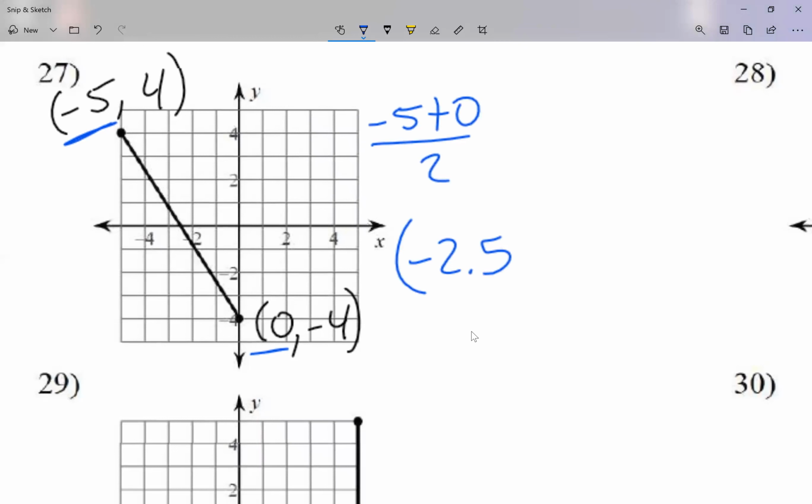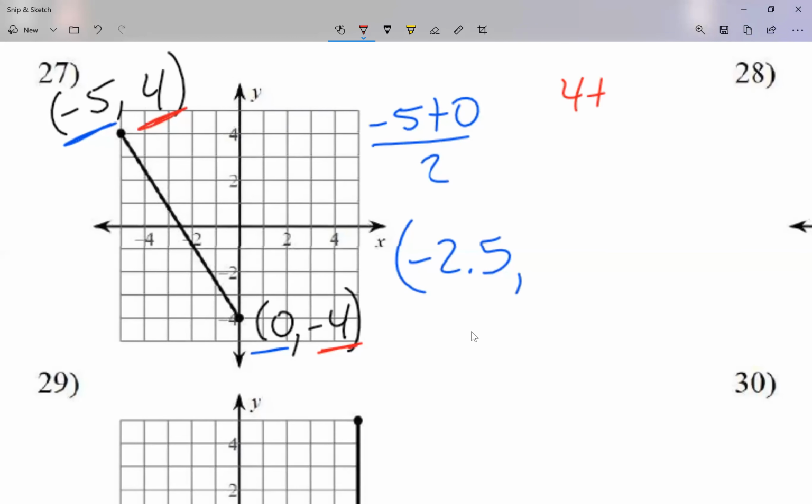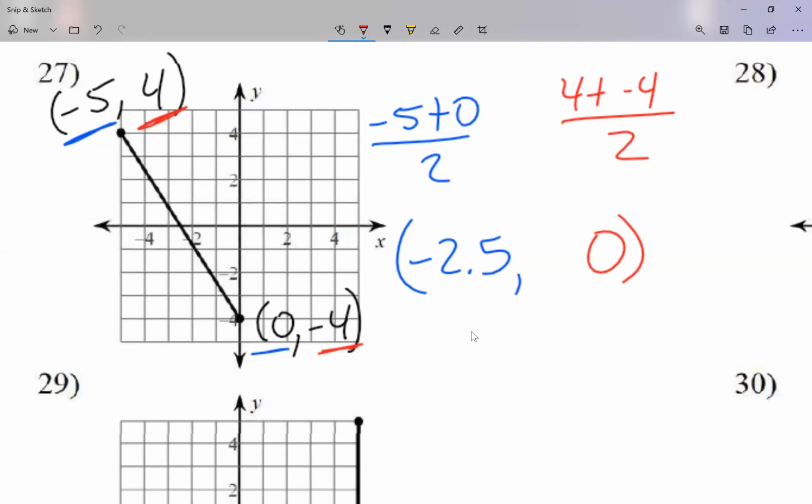Don't forget the parentheses and don't forget the comma. Now let's take a look at the y values, 4 and -4. 4 plus a -4 divided by 2. 4 plus a -4 is 0, divided by 2 is still 0. So that's it. Don't forget the space after the comma.